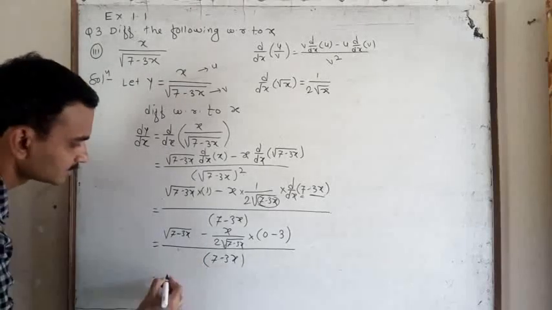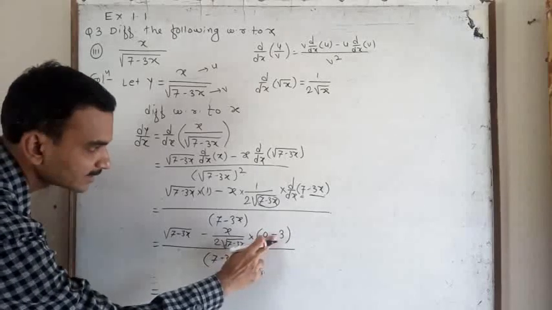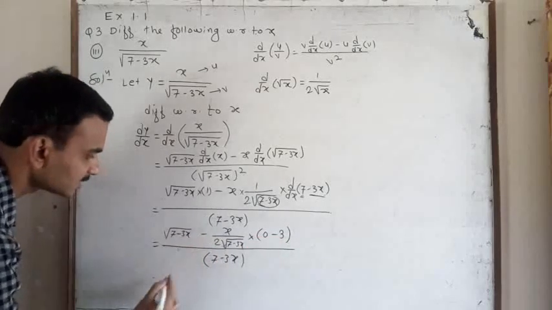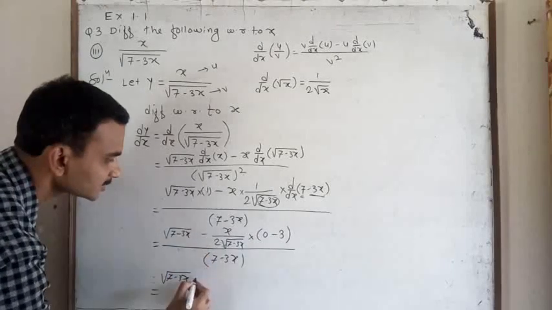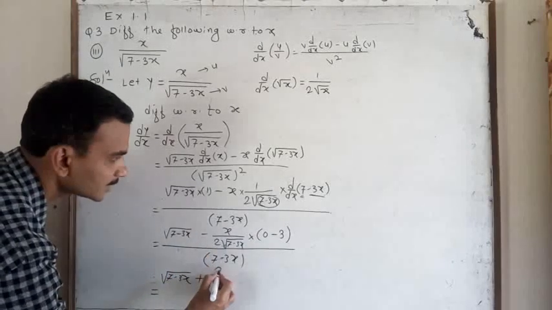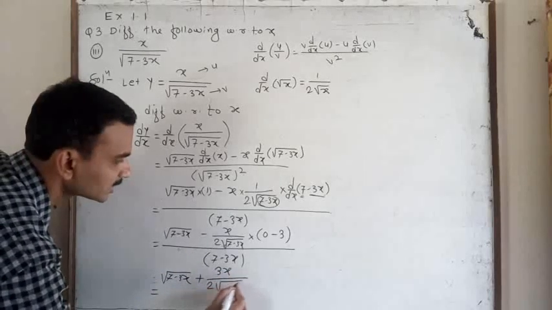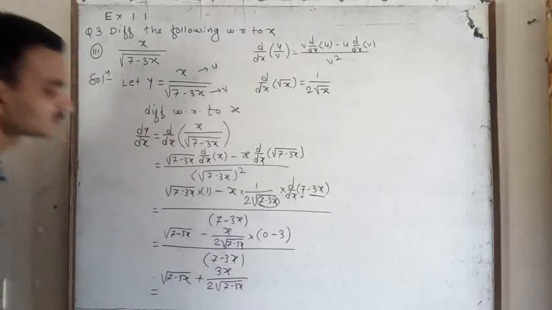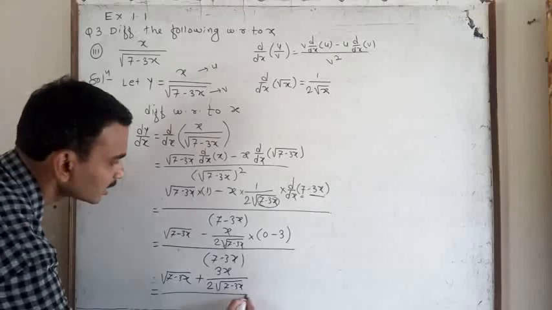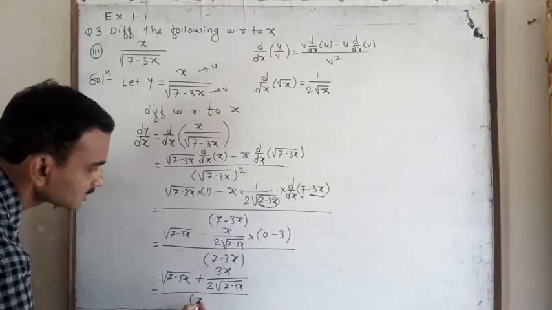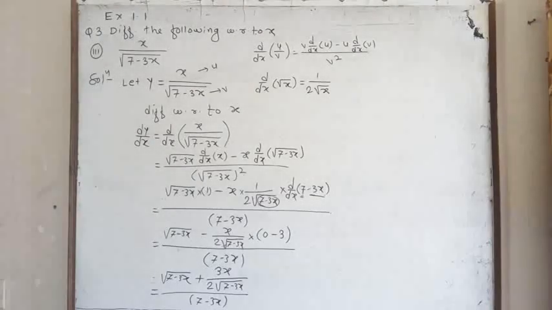So we write this after arranging the terms. We get minus 3, minus minus plus here. So we write 7 minus 3x, minus minus plus 3x upon 2 under root 7 minus 3x, upon 7 minus 3x.